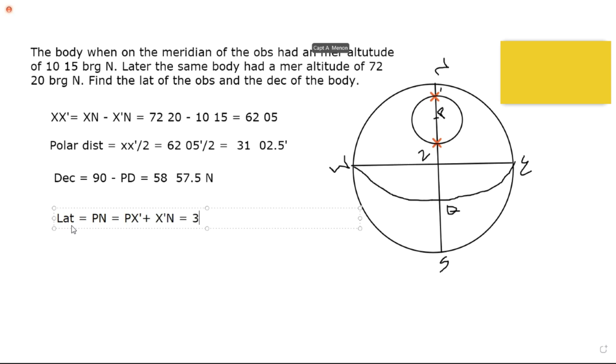So 31 degrees plus 10 degrees is equal to, how much did it come, 41 degrees.